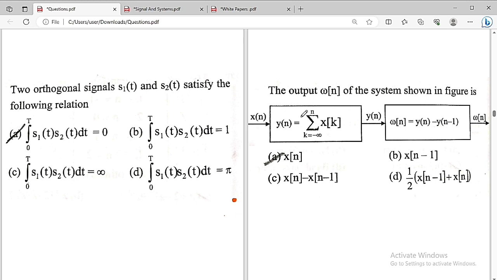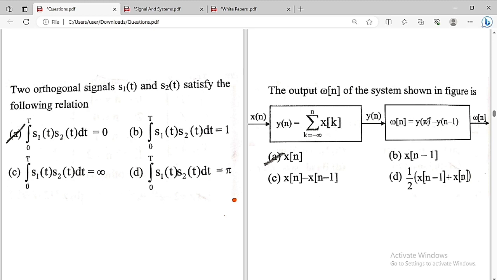See the question here. The output omega of n of the system shown in the figure is. Basically, they are given two blocks, cascaded. For the first block, the input is x of n and the output is y of n. For the second block, the input is y of n and the output is omega of n. For the first block, the relation is y of n is equal to sigma k equals minus m to n x of k.